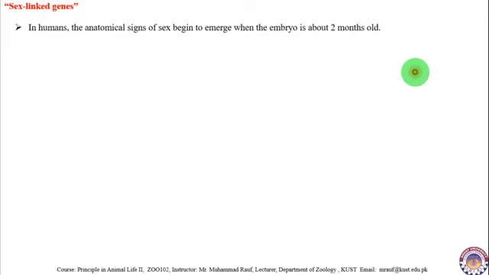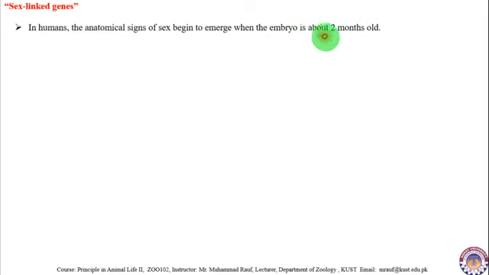Now we discussed the sex determination which occurs at the time of fertilization. Now, how does sex differentiation occur? The human male and female are physically different from each other. So, at which point during pregnancy does the differentiation in the developing embryo start?